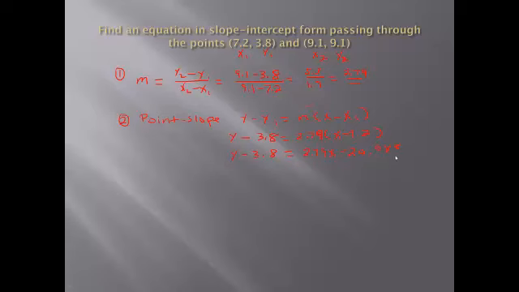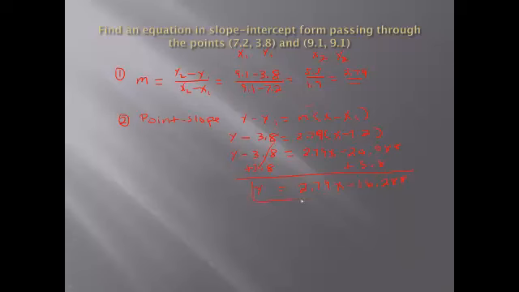And now we need to add 3.8 to both sides. So now this will give me y all by myself. This will give me y equals 2.79x minus, because this is negative and a positive, so we have to take the difference, minus 16.288.